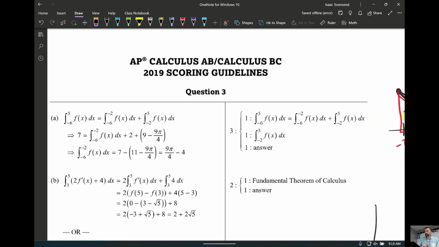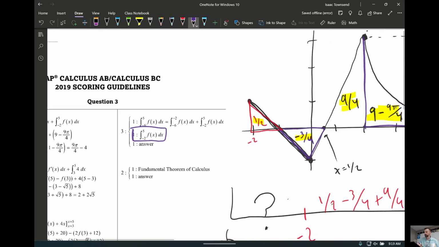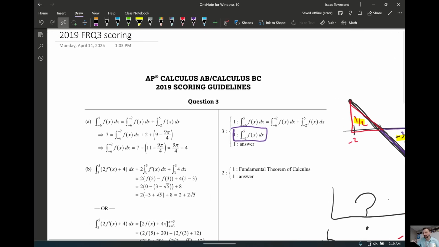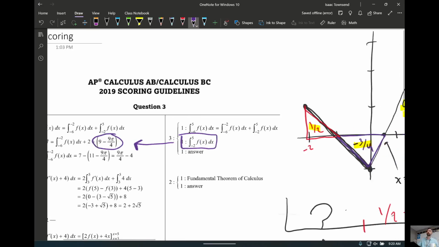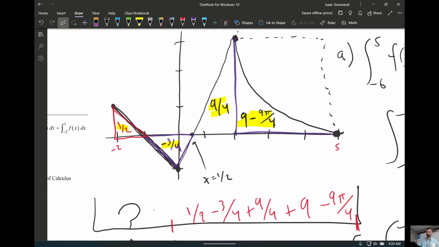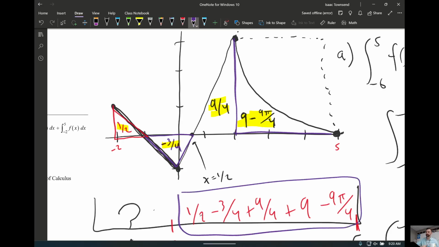Okay, they gave 1 point for the area from -2 to 5. So that was, if you simplified it, 9 minus 9 pi over 4. That's the same thing as this mess. It's got the minus 9 pi over 4.